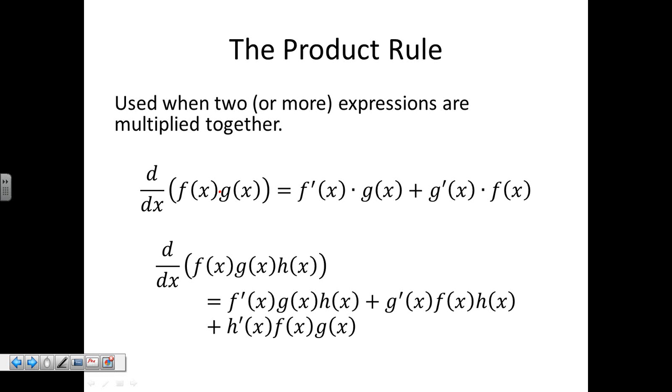So you see I have f primed times g times h plus, it's always plus, and then g primed times the original f times h, and then h primed, the derivative of that third expression, times the original f times the original g. And then we can continue this pattern on out forever.